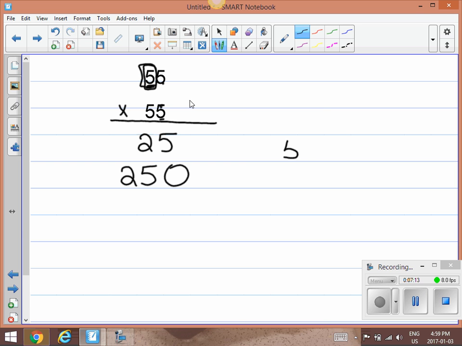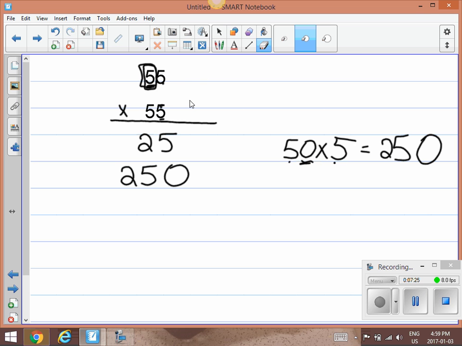The reason I got that so quickly is because I multiplied the first two digits together to get 25 and 1 extra zero. So we have already covered this 5. We've multiplied this 5 by this 5 and this 5. We don't have any more to go.